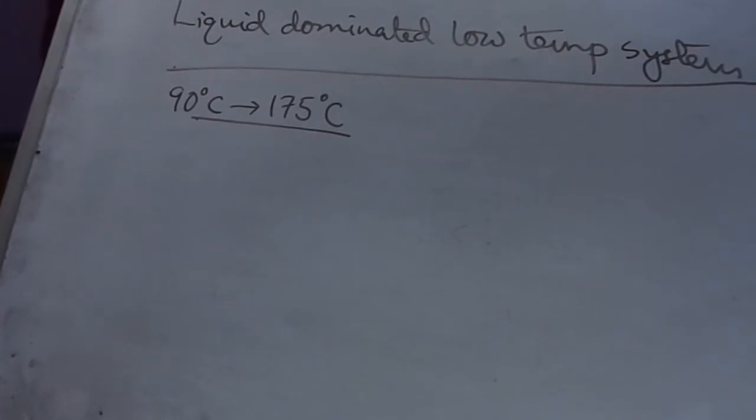A binary fluid system is employed where the heat of geothermal fluid is used to vaporize a volatile organic fluid such as isobutane under pressure in the primary heat exchanger.